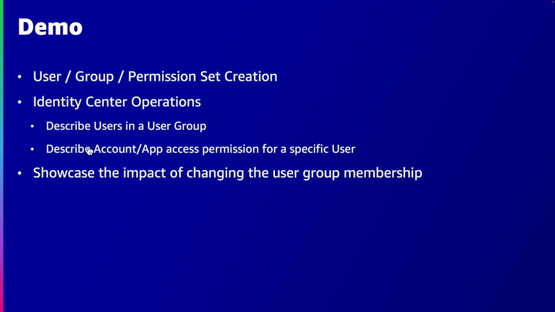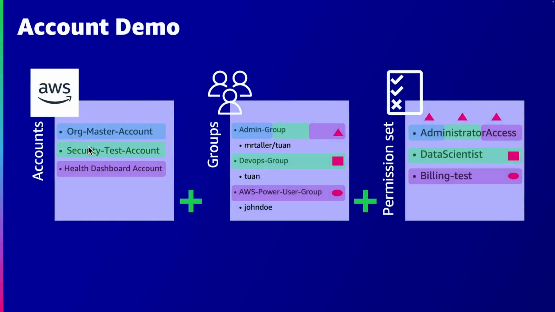All right. Before we move on, this is our demo environment. And one of the key concepts is the assignment, which we're showing here. From the IAM Identity Center perspective, an assignment is a combination of the accounts, user groups, and the permission set.